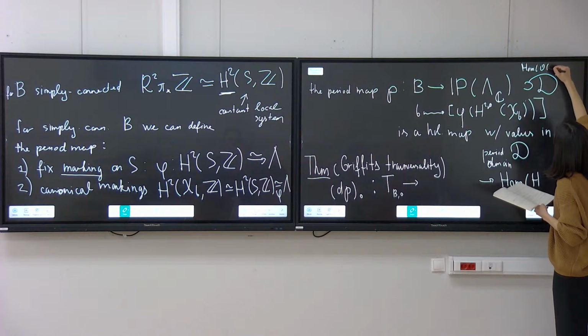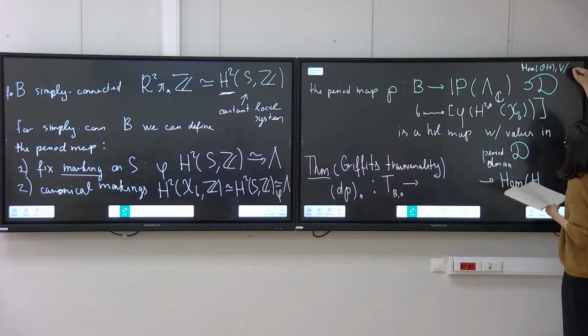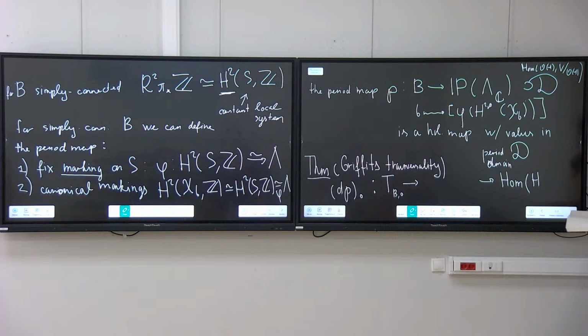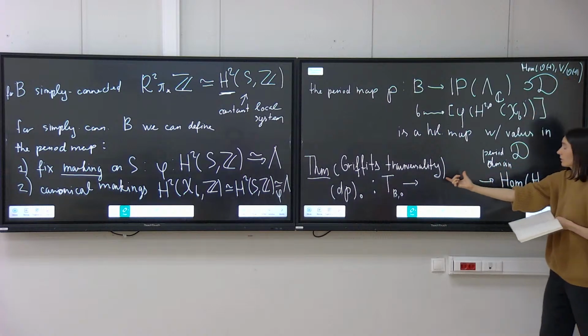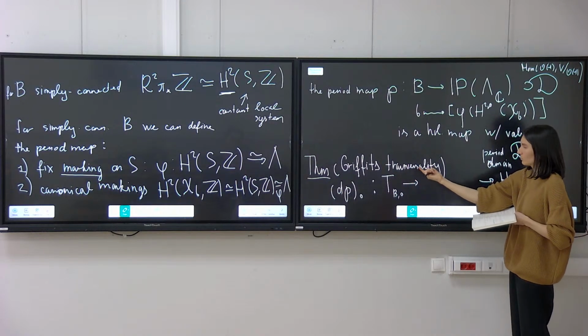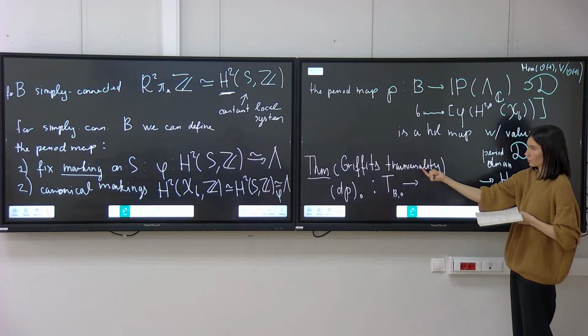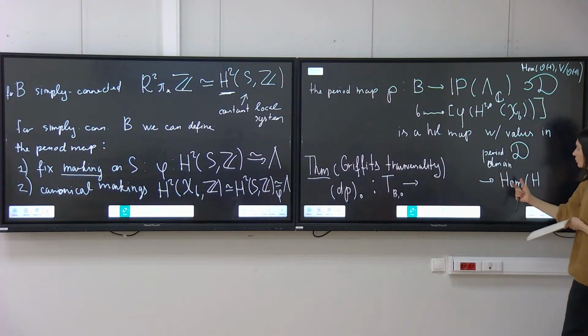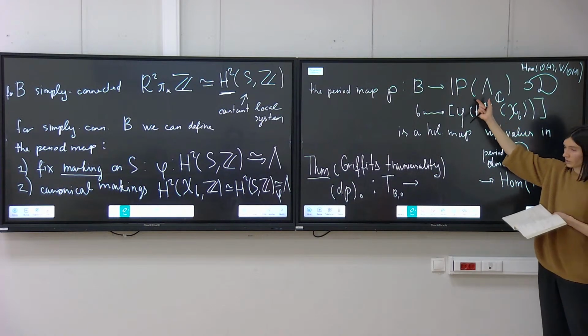So generally, this is a homomorphism from O(-1) to V factored by O(-1). Okay? I formulated it in such a way because, in fact, Griffiths transversality works in a more general setting of variations of Hodge structures, and more generally the 2-0 part isn't a one-dimensional subbundle.